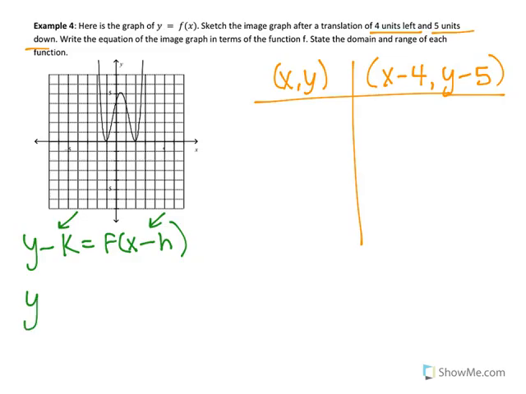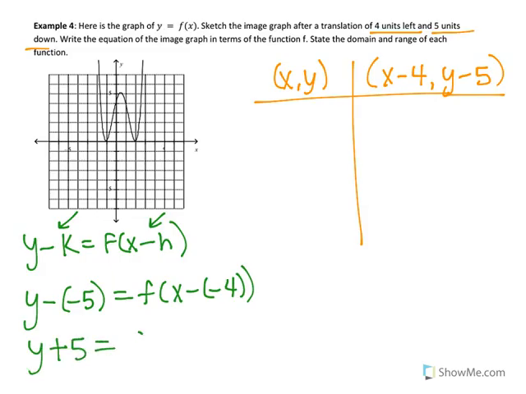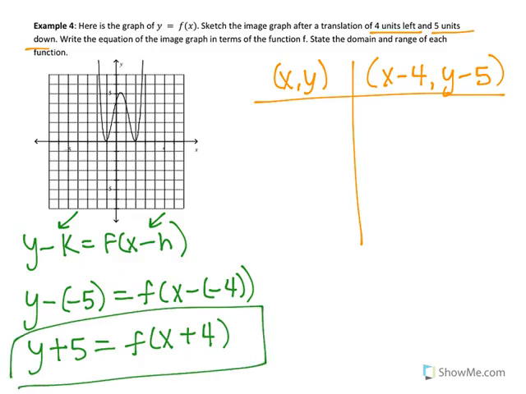So we have y, and we're going down 5, so minus 5. And we're going left 4. So we'd have y plus 5 equals f(x plus 4). So this is our explicit equation, just plugging in those translations.